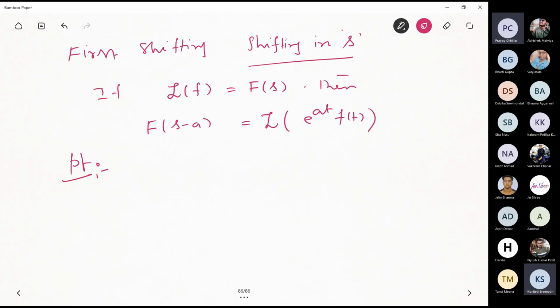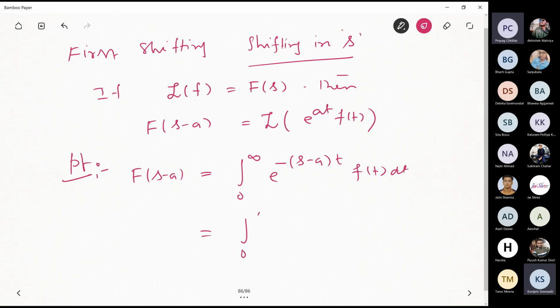Proof is very easy. So you write what is F of s minus a from the definition. So this is the L of f at s minus a. So that is going to be the integral from 0 to infinity of exponential of minus of s replaced by s minus a, times t, f of t dt. Okay, so this is nothing but the integral from 0 to infinity of e power minus st into e power at into f of t.